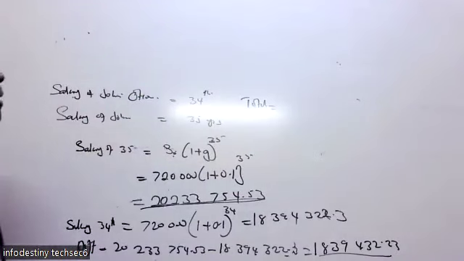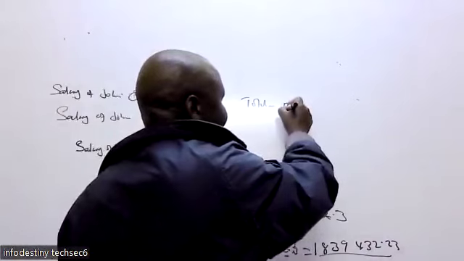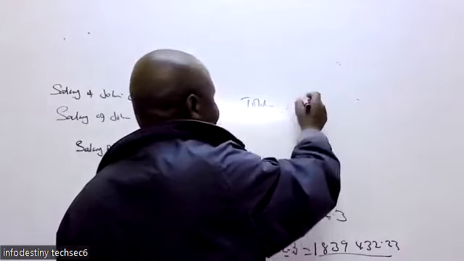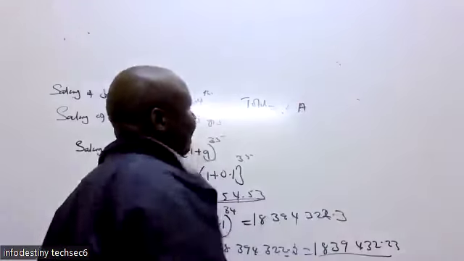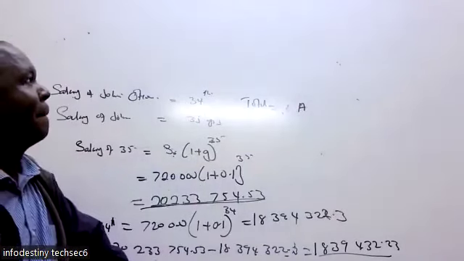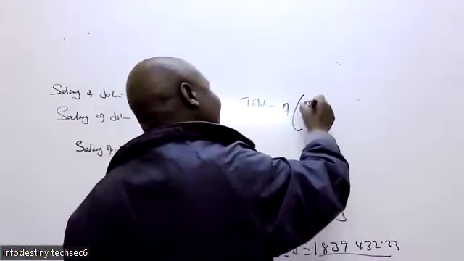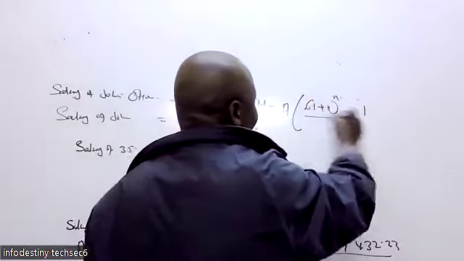So when it's going to increase by 3%, use this one, A into bracket 1 plus R raised to n minus 1 over R.